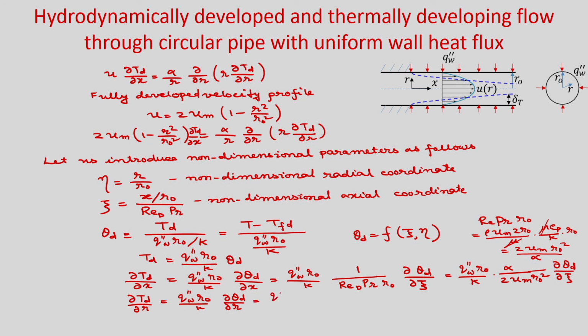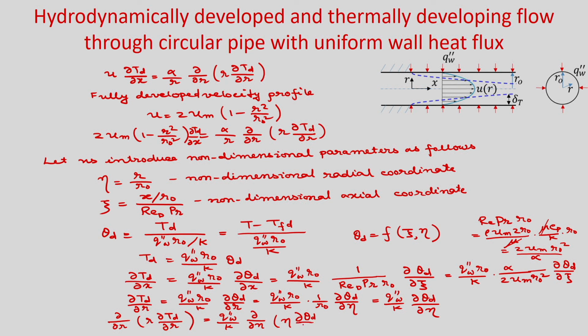So you get q_w'' r_0 by k, then 1 by r_0 ∂θ_d/∂η. This r_0 cancels, and you get q_w'' by k ∂θ_d/∂η. Similarly, ∂/∂r (r ∂T_d/∂r) you can write as q_w'' by k ∂/∂η (η ∂θ_d/∂η). So all the derivatives we have found.